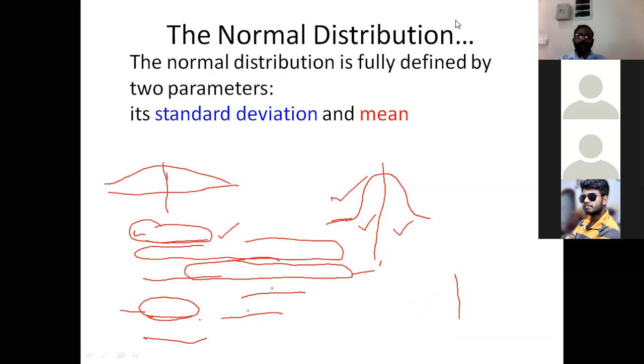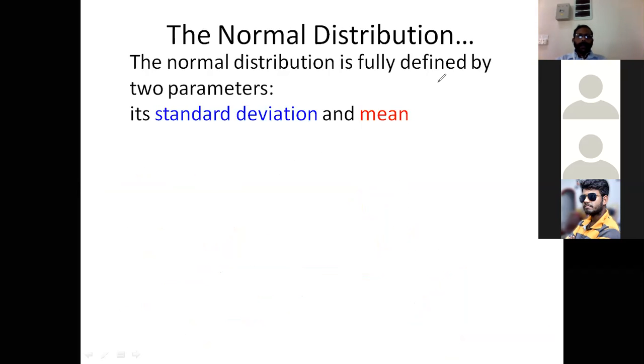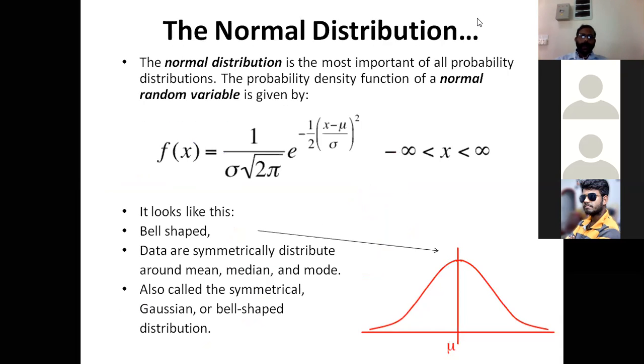We will look at, we will try to clean that. Right. The normal distribution is fully defined by two parameters. Look at what the parameters are in this formula. In this probability distribution, what parameters come into the picture?